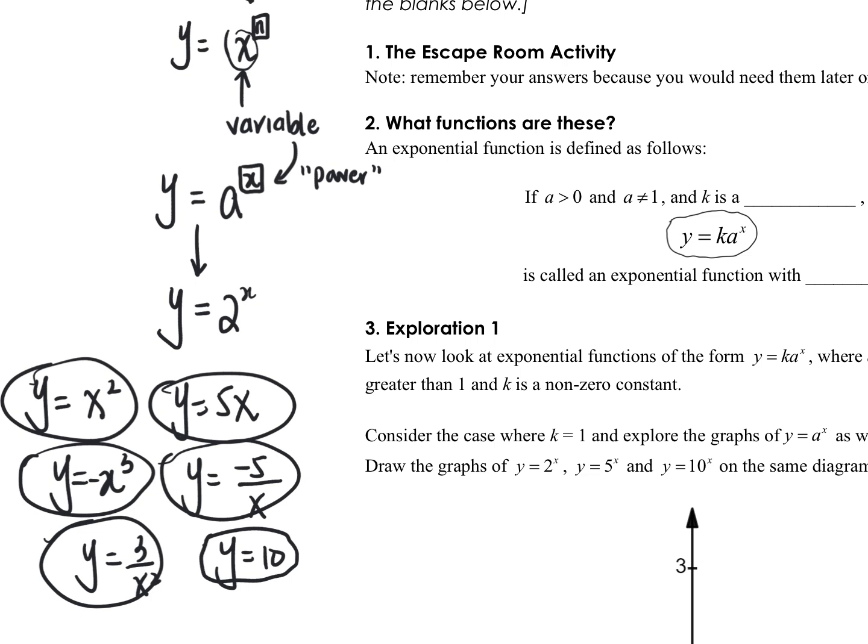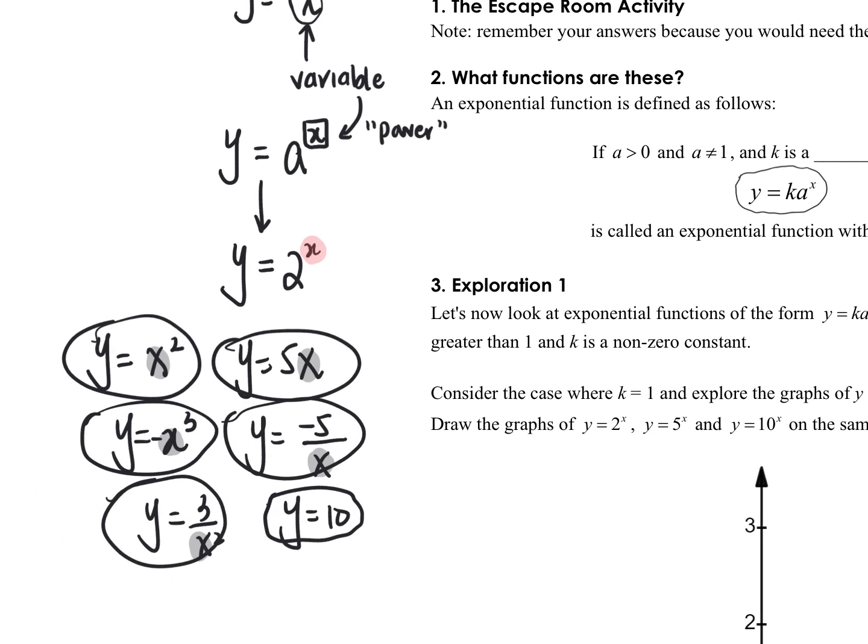The commonality is the base number is x. But when the x becomes the power, then it is an exponential graph.